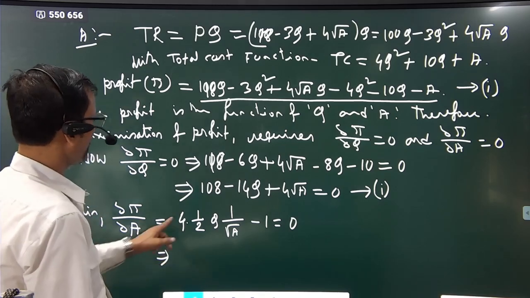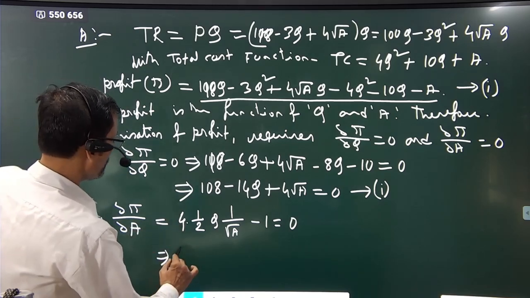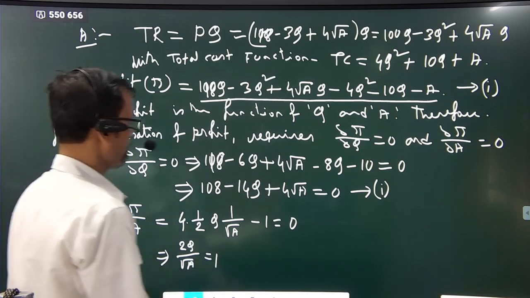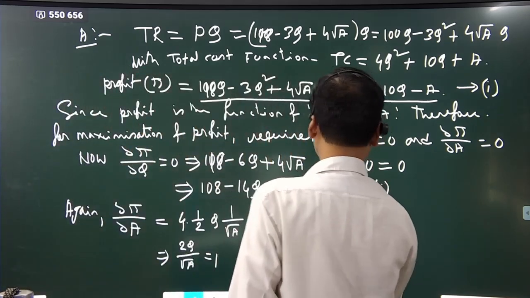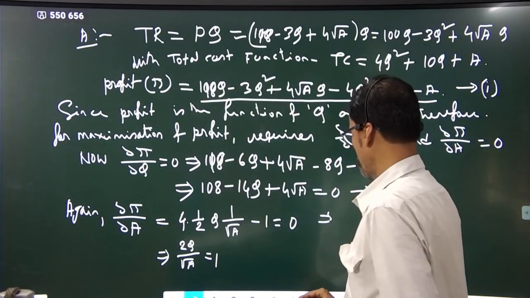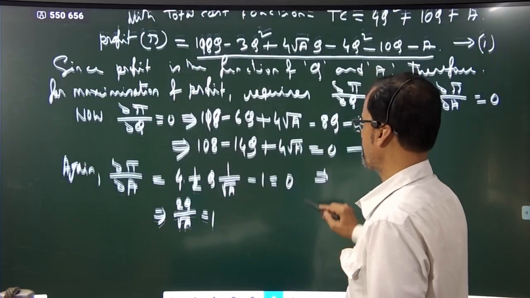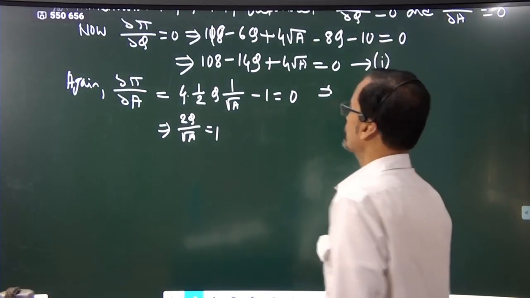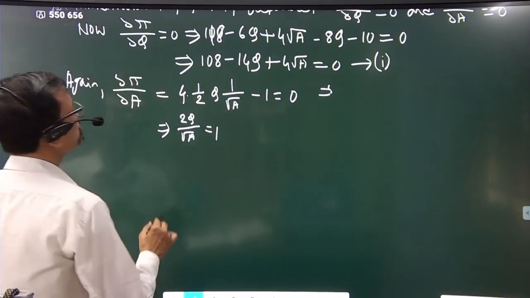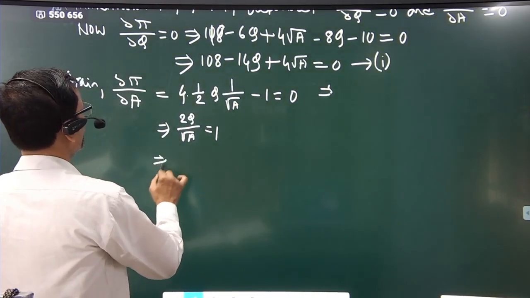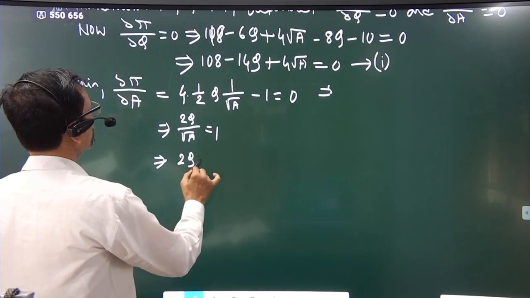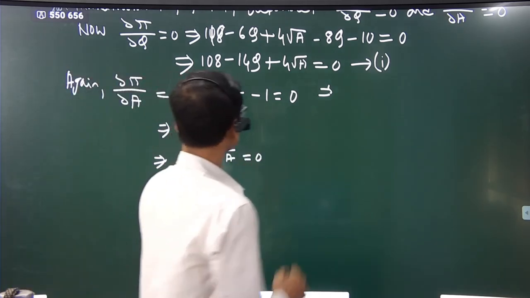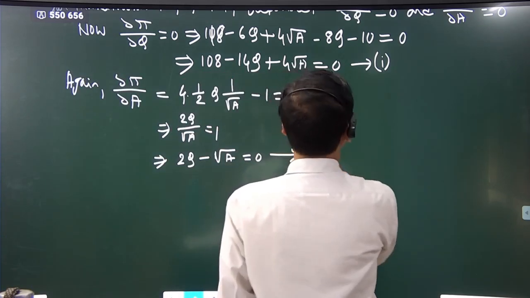So we rearrange this to Q by square root over A is equal to 1. Ultimately, we get 2Q minus square root over A is equal to 0. This is equation number 2.